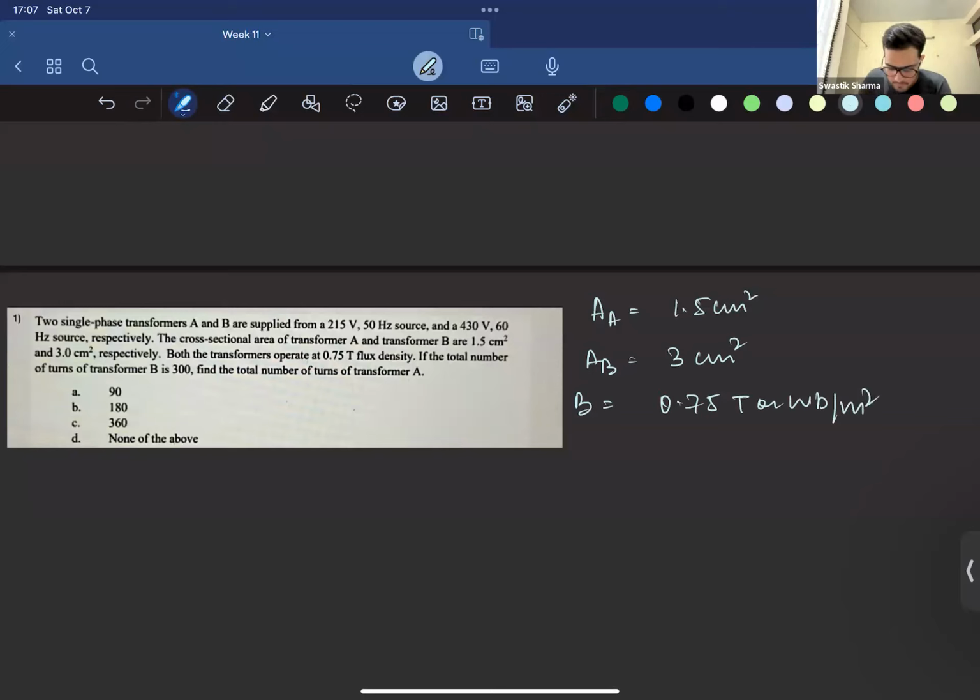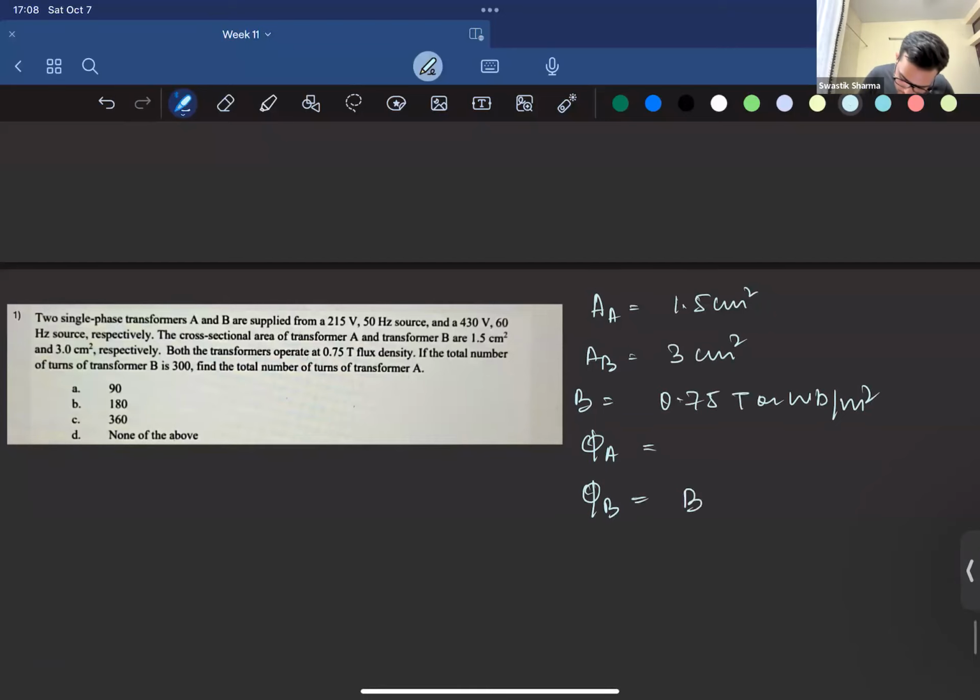Now we know B, so we can get flux phi A and phi B. So phi is B times A. Phi A comes out to be 0.75 into 1.5. Since it's in centimeter square, we'll divide it by 10⁴. We get 1.125 into 10⁻⁴ Webers.